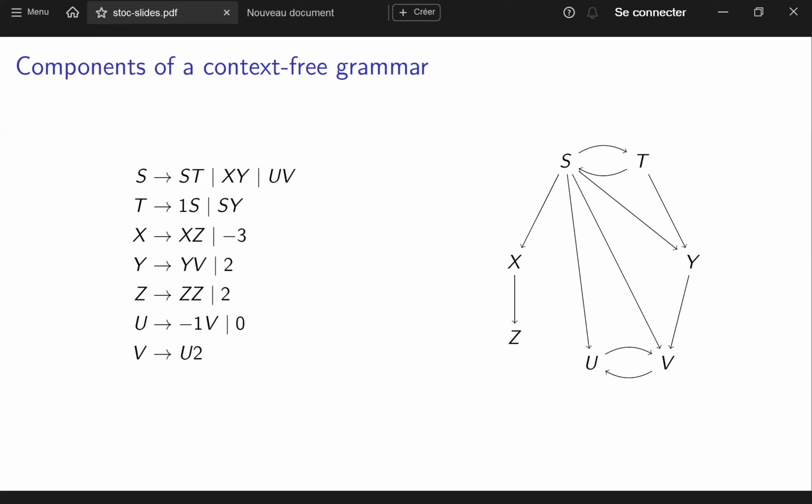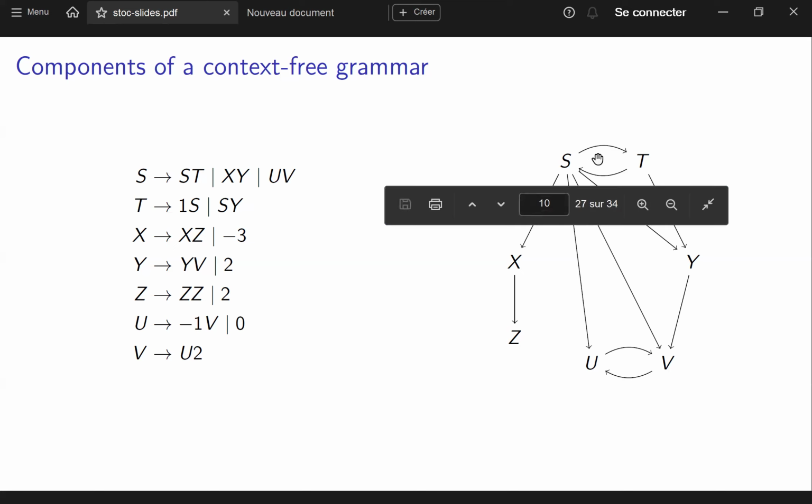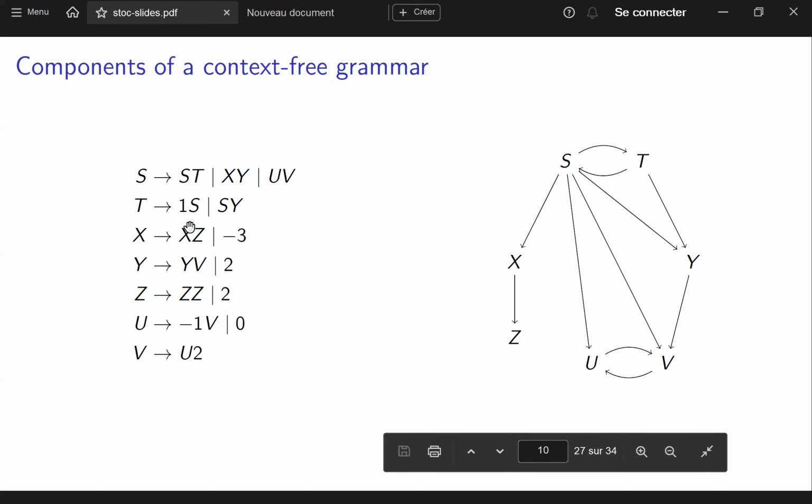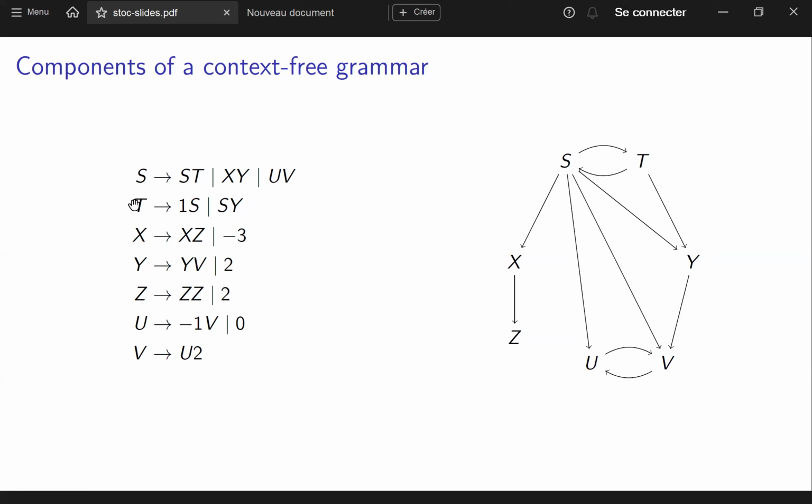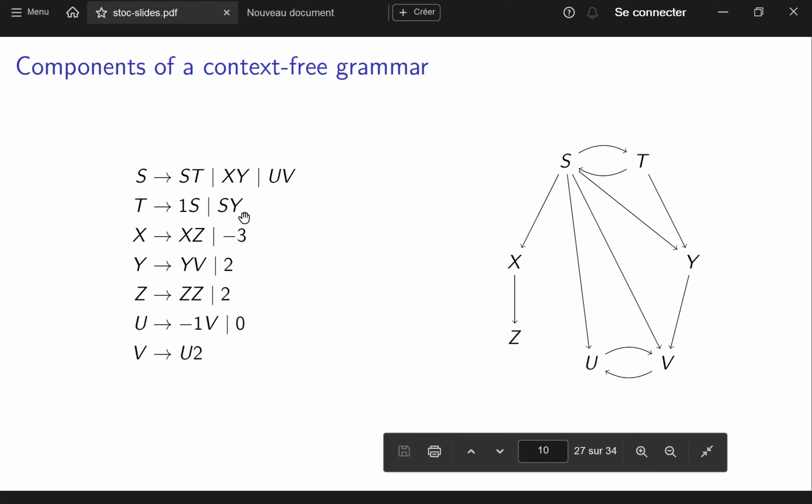So in this example, the edge from S to T comes from the production rule S goes to ST, and the edge from T to S comes from the production rule T goes to 1S, or from the rule T goes to SY. The components of the grammar VAS are simply the connected components of this graph.